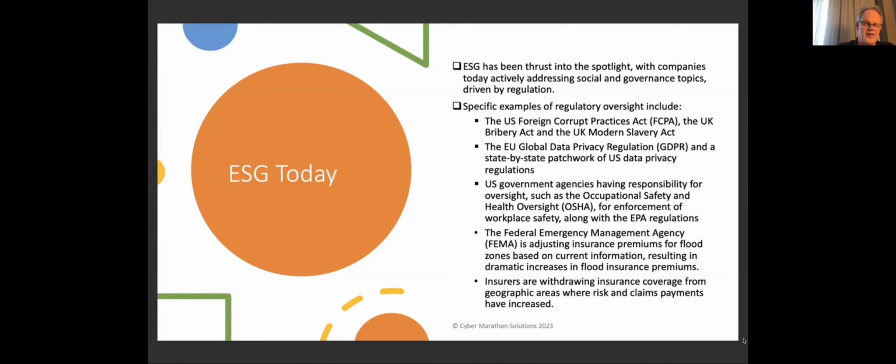ESG is a very hot topic, and it's a very politicized topic today. There's been a strong push on the part of shareholders and activists to push companies in the direction of improving their ESG practices. At the same time that this has occurred, there's been a bit of a backlash from various industries, including fossil fuels, both at the federal and the state level.